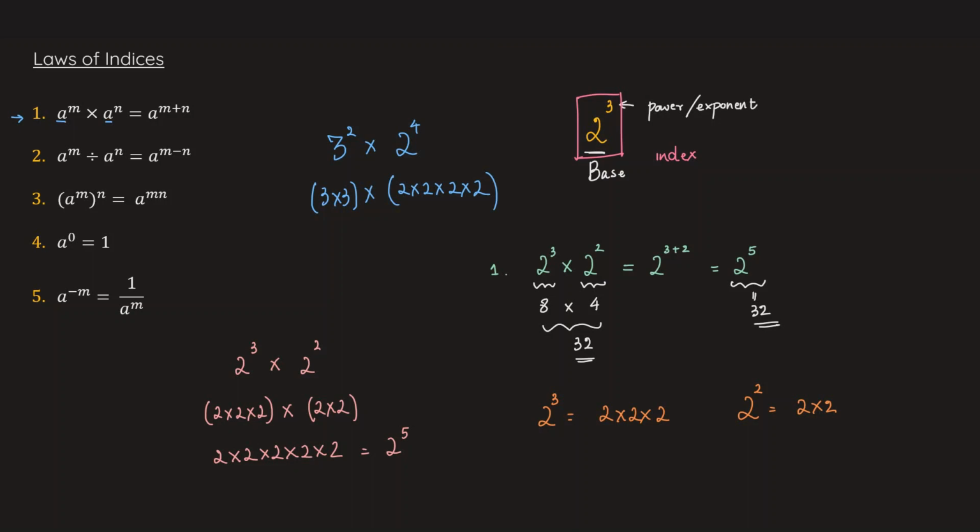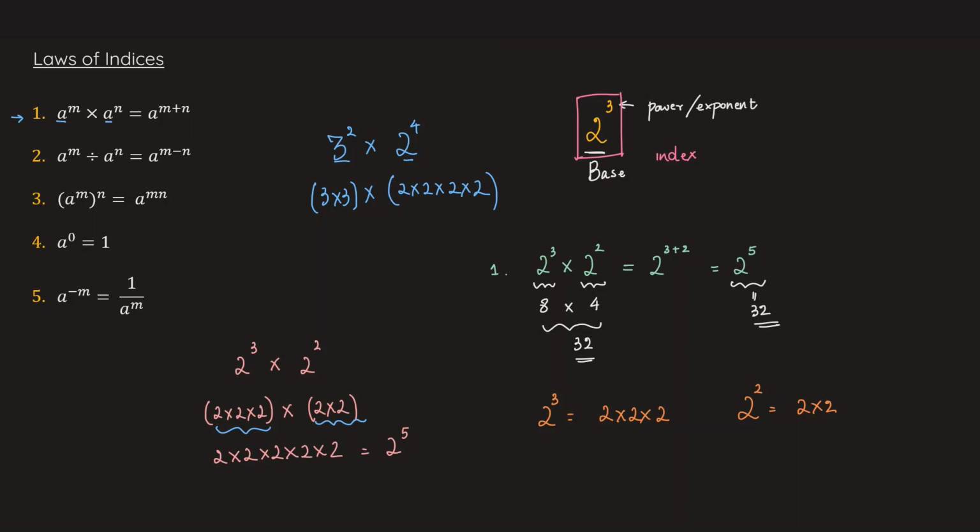You can go ahead like that. But you can never write this as an index because there are two different bases. Not like in this case. In this case, you had 2 times 2 times 2 and then times 2 times 2. So you can just together write it as 2 to the power 5 because there are 5 2's multiplying each other. This is not the case here, and that is why you can't use the laws of indices when there are two different bases multiplying with each other.